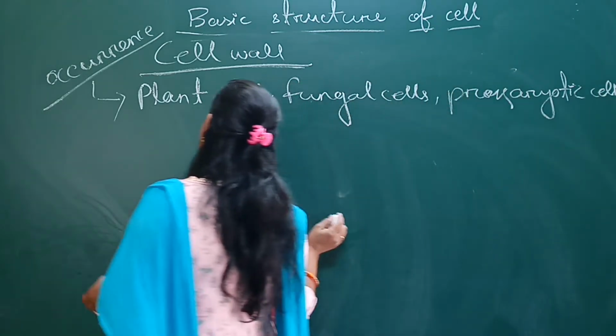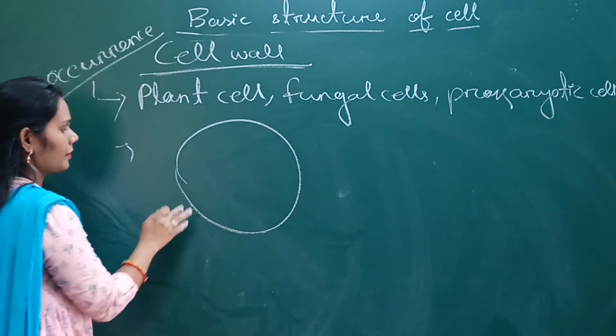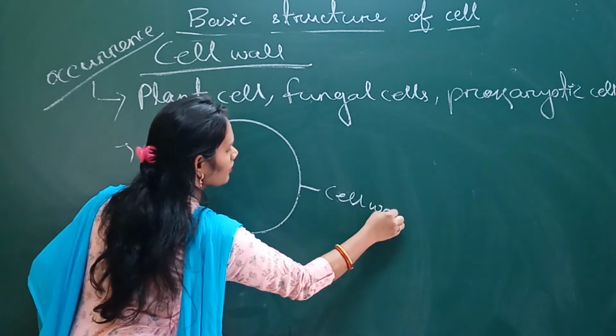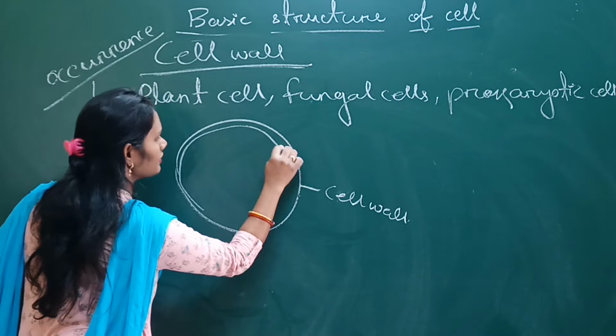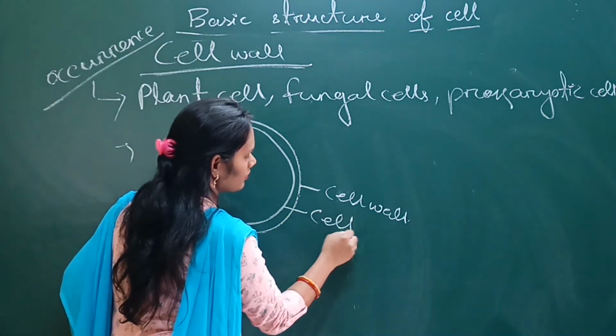Okay. So in a plant cell, it is the outermost layer, called the cell wall. And next to the cell wall, there is another layer, and that is the cell membrane.